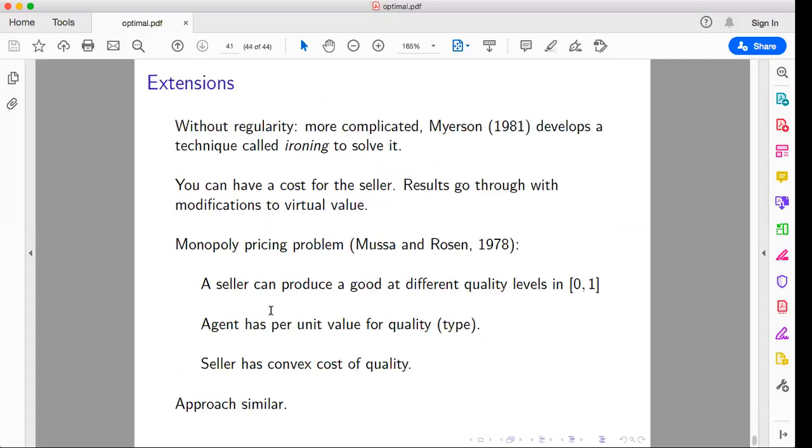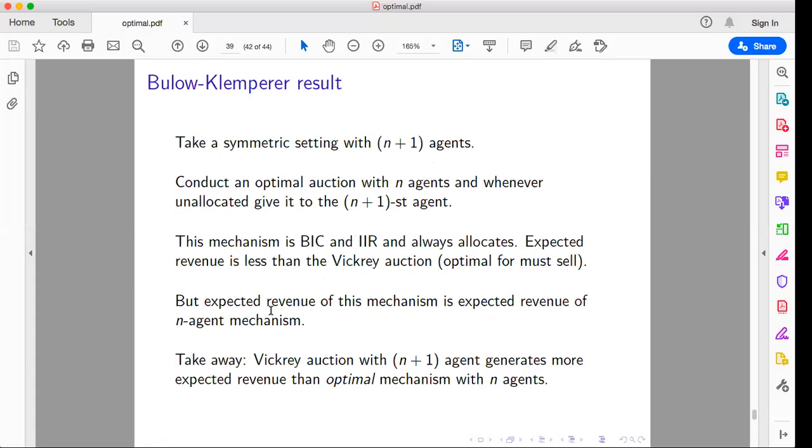Okay, so the reserve price will be independent of n. Which reserve price? The W of t will be independent of n.